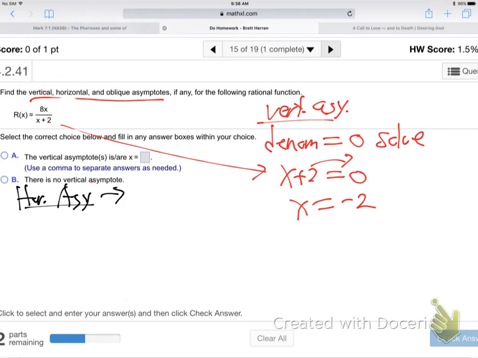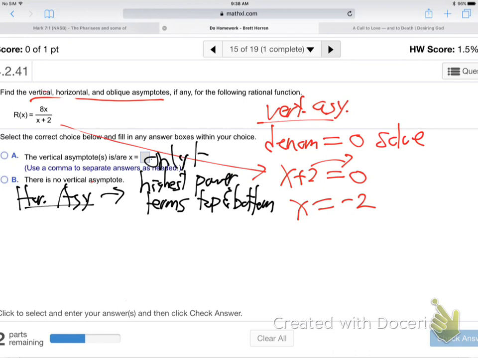What you do is take the highest power terms, top and bottom. Let me just say, only keep the highest power terms, top and bottom. Skip the small stuff. What am I talking about? We have our function y equals 8x over x plus 2.